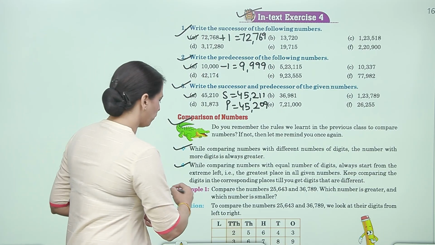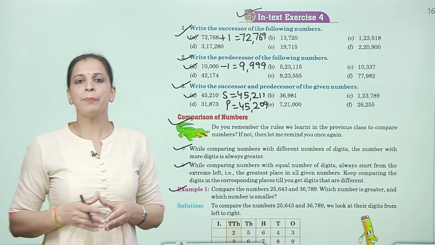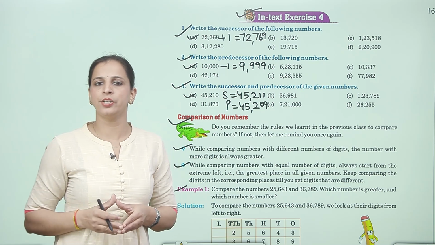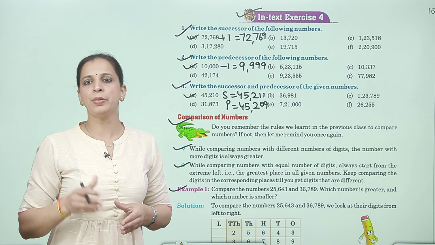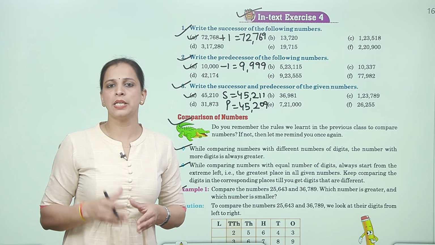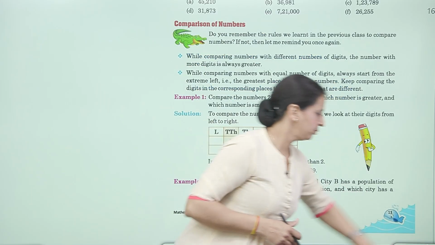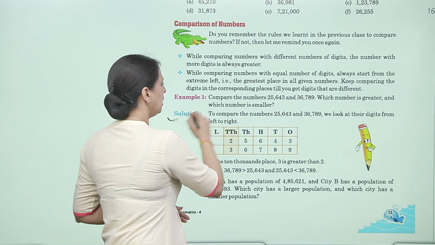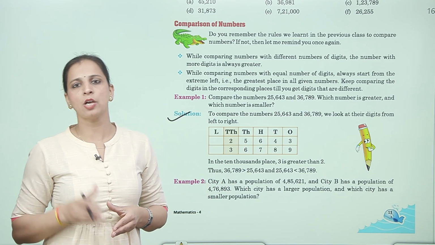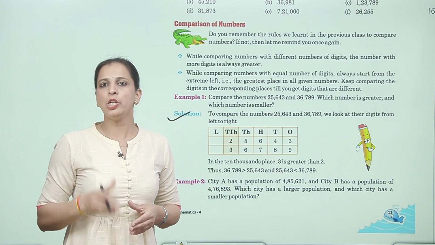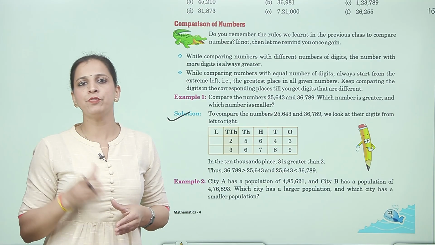Now, example 1. Compare the numbers 25,643 and 36,789. Which number is greater and which number is smaller? Now, solution. To compare the numbers 25,643 and 36,789, we look at their digits from left to right.